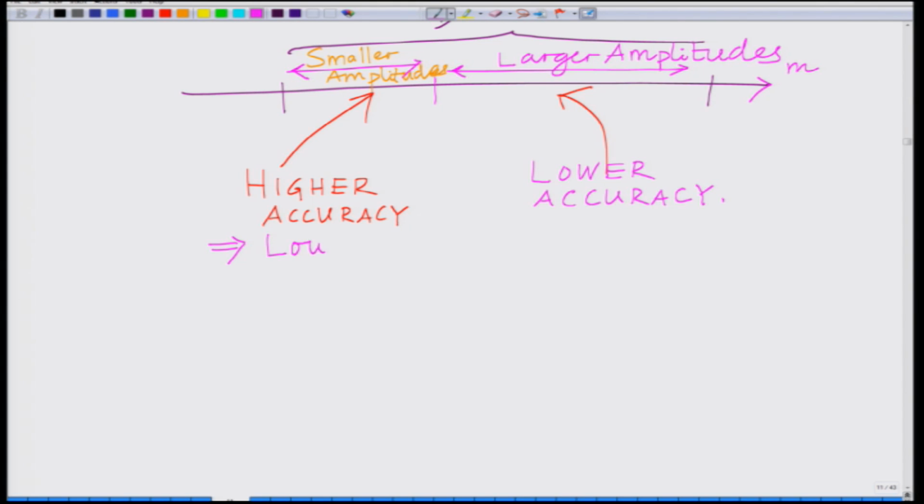So, in the smaller amplitude region we need lower quantization error, and in the larger amplitude region we can have a higher quantization error.